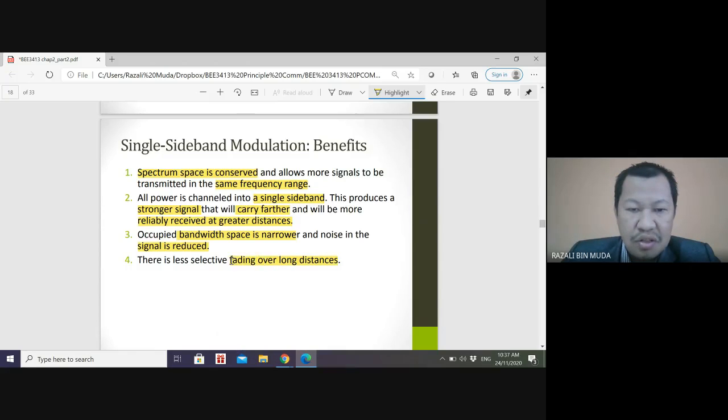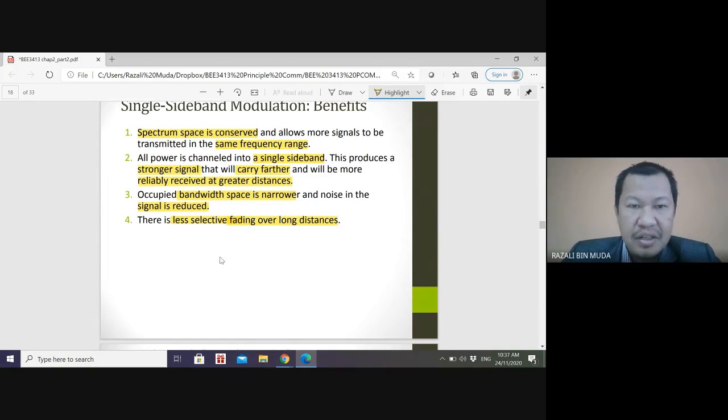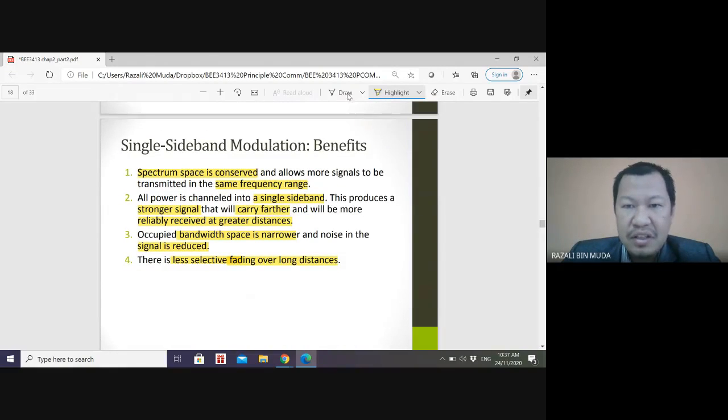Fading is a kind of distortion or loss. So over long distance the loss is minimized. Okay, those are the benefits or advantages of single sideband compared to double sideband.